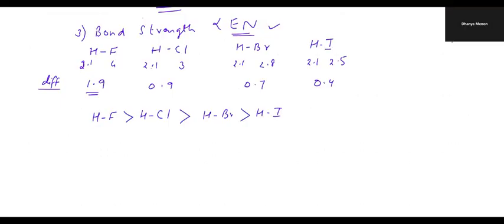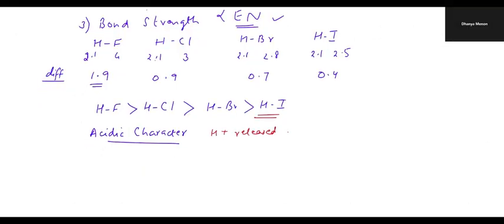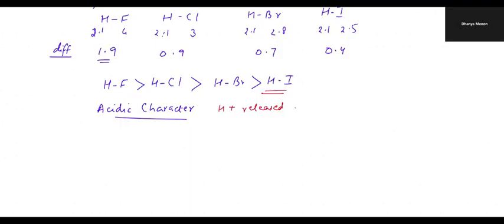Okay. Now, related to this, we have acidic strength or acidic character. You already know acidity is measured in terms of how readily H plus ions are lost or released, right? Now, in this case, HI has the weakest bond. So if it has the weakest bond, do you think HI will lose H plus readily? Yes.